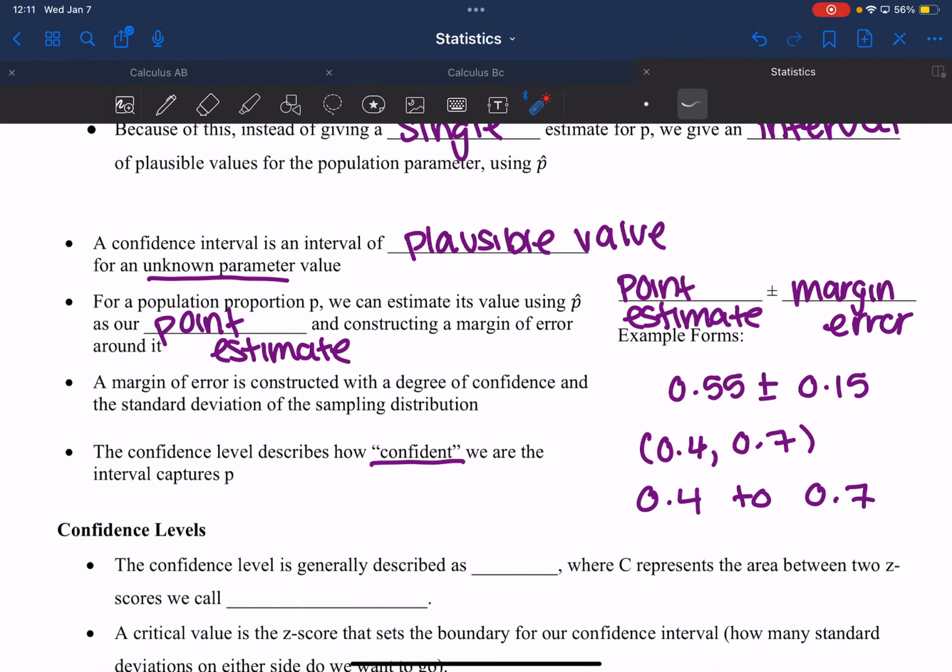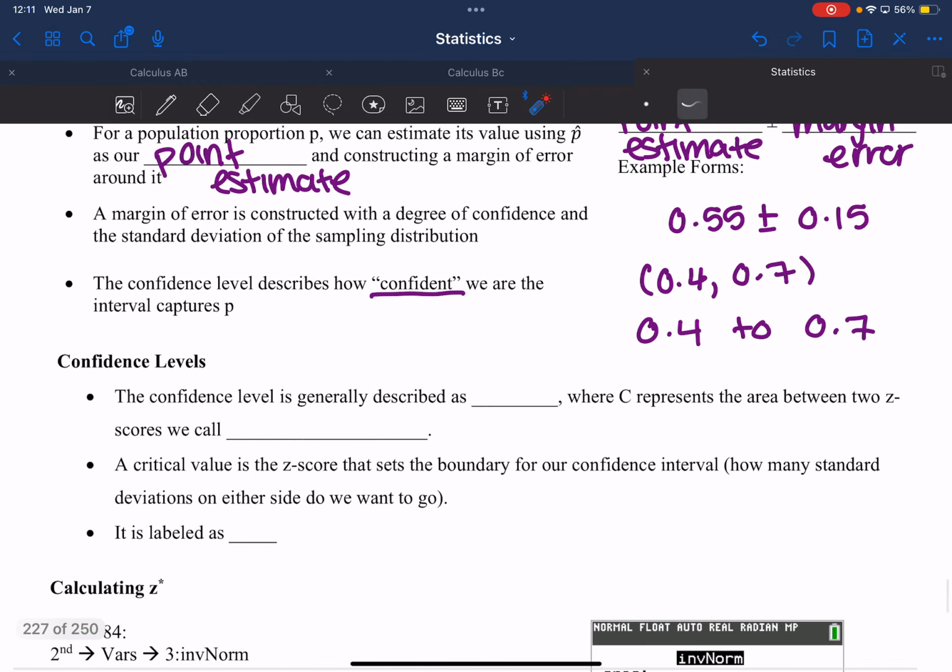This one is best in an FRQ where they're asking specifically for a confidence interval. And this one is best when you write your conclusion in an FRQ. But they all mean the same thing. Ideally, if you want the full points.